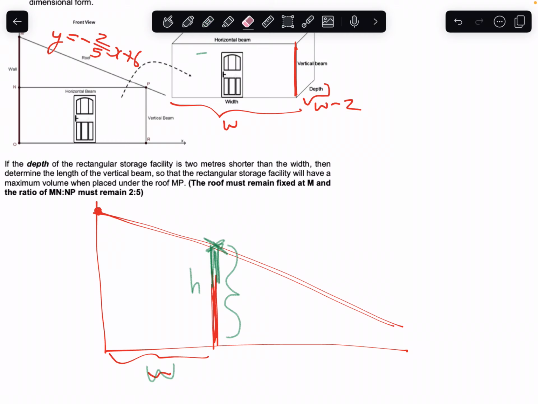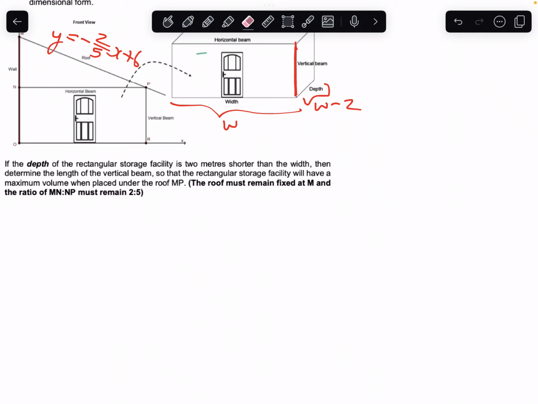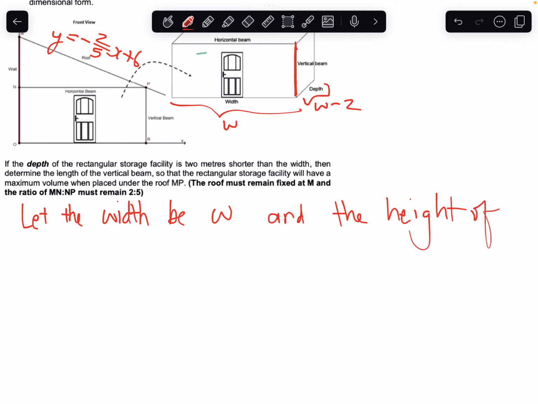Right, so I am going to say, let the width be W and the height of the vertical beam be h.